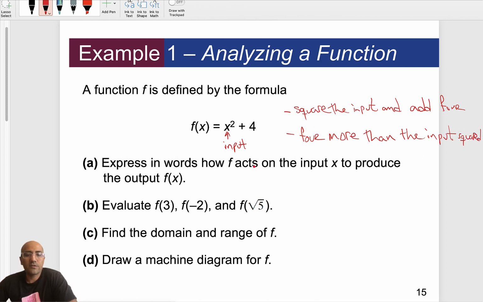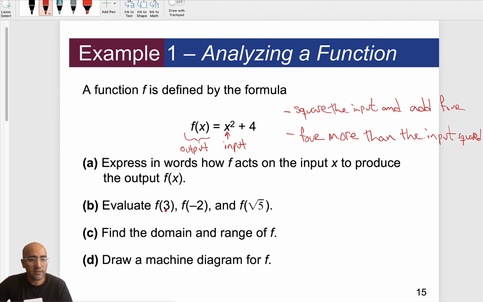There are different ways to verbally express this set of rules: when an input is given, you square it and then add 4 to it. And you can also throw the output into your language. The output equals 4 more than the square of the input, for example, is another way of expressing it.